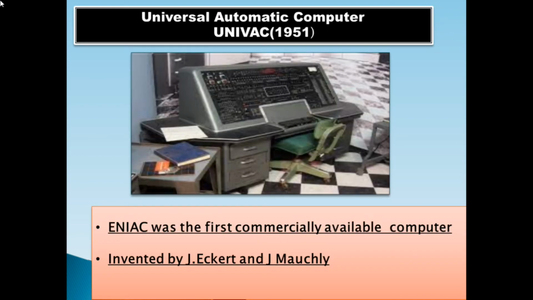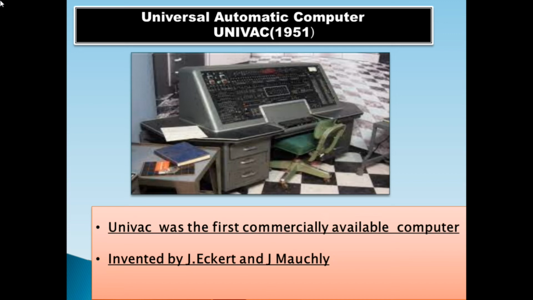Another example is UNIVAC, Universal Automatic Computer. UNIVAC stands for Universal Automatic Computer. UNIVAC was the first commercially available computer, and it was invented by John Eckert and John Mauchly.